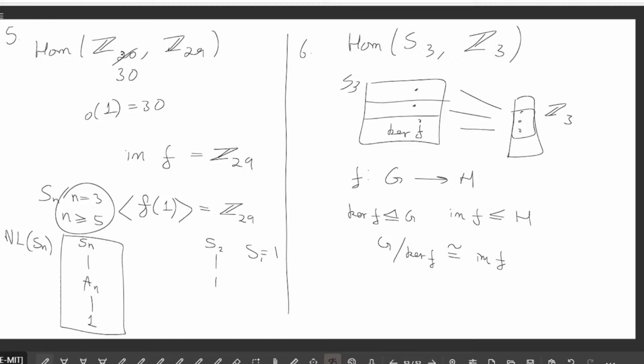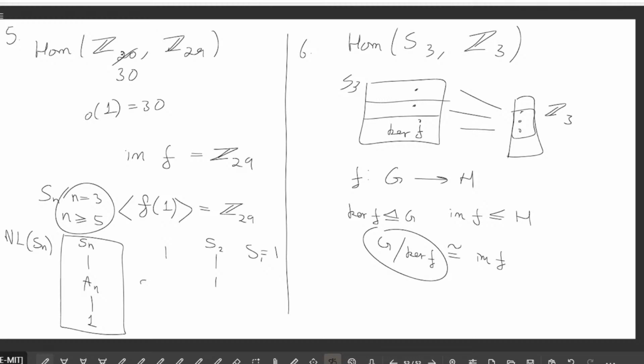In general, if you ignore Z3 and say I have some homomorphism from S3, what can be the images? Basically these are the images, correct? The possible images are: 1, if Sn is the kernel, so the trivial homomorphism.